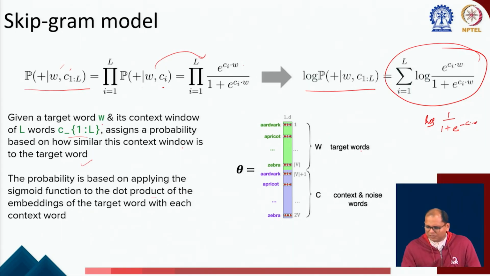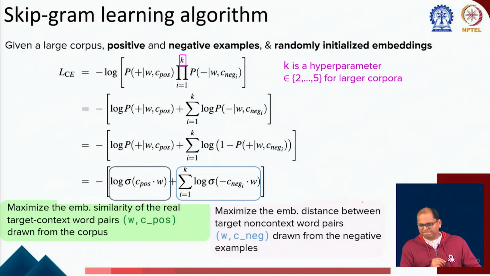So these are the parameters you are learning, as we saw last time. For the same V words in the vocabulary, you are learning a w vector and a c vector, two different vectors: target word and context word, right. Now, let us say we take k negative samples. So we have the probability of the positive samples and negative samples, right? And this I am modeling as 1 minus the probability of this being a positive sample.